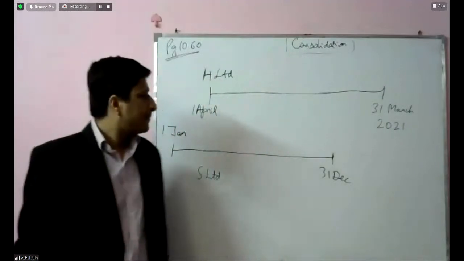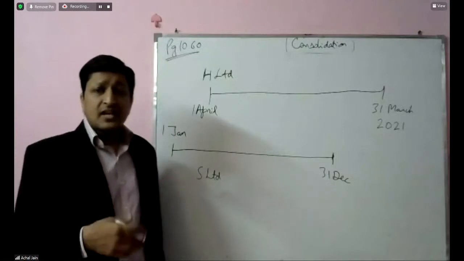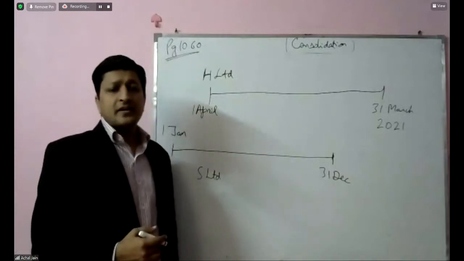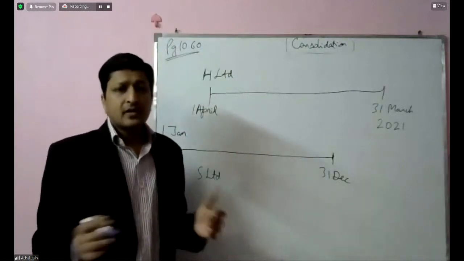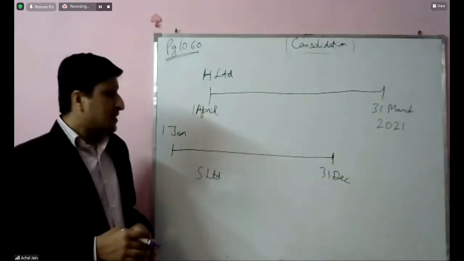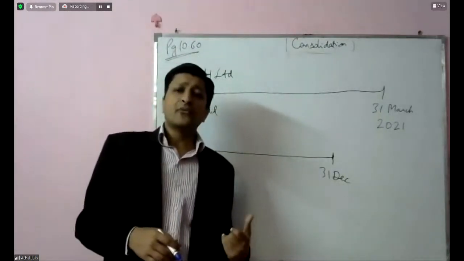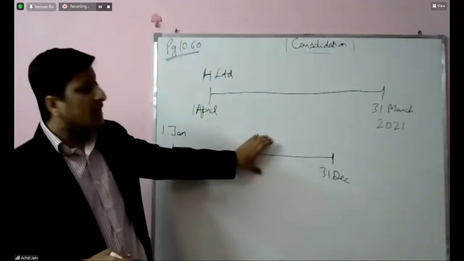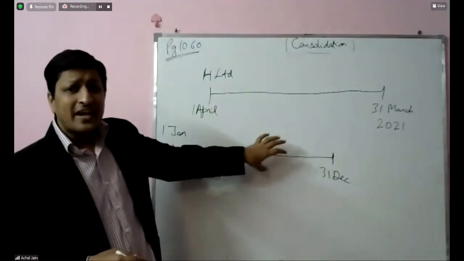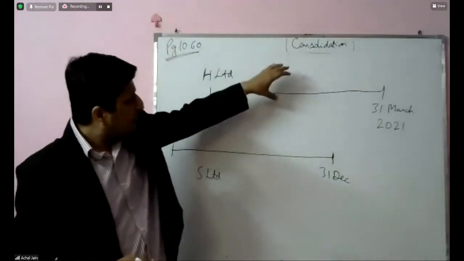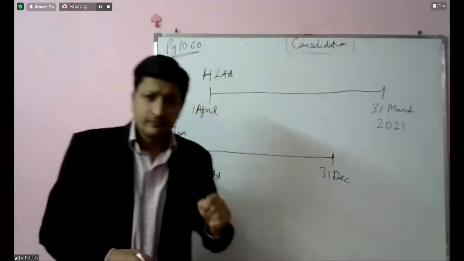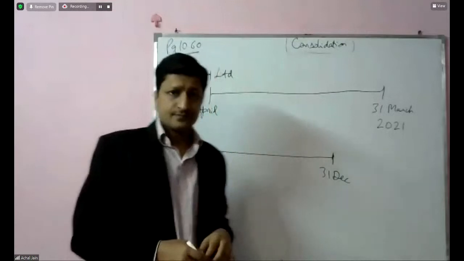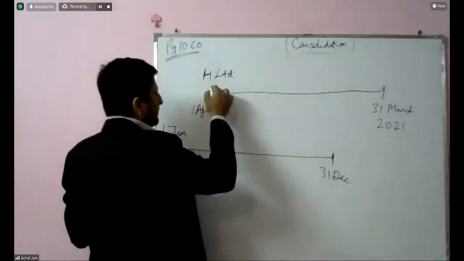And whenever the information will be consolidated, that should be for the same period. Subsidiary cannot give the information from 1st January to 31st of December, even though these are 12 months. But will it be right to capture these 12 months with these 12 months? No. That will be incorrect. Period has to be same.